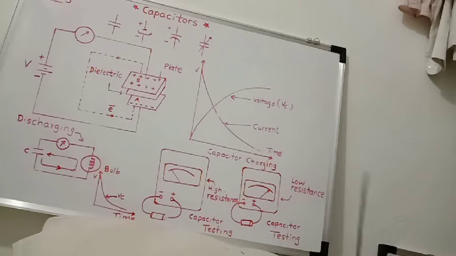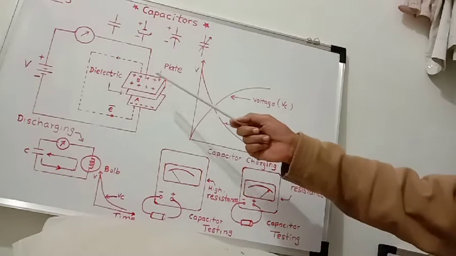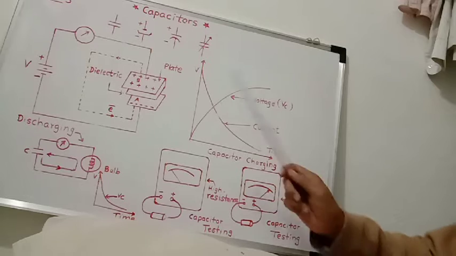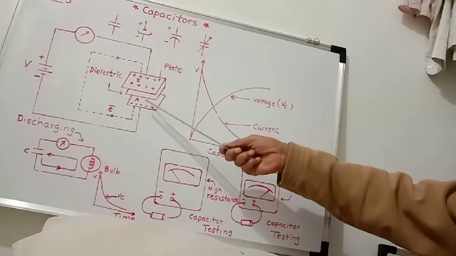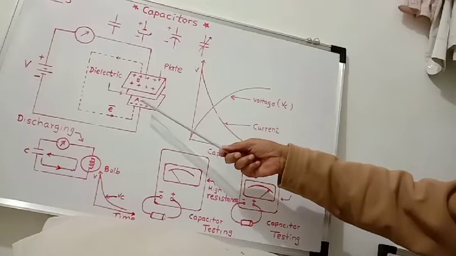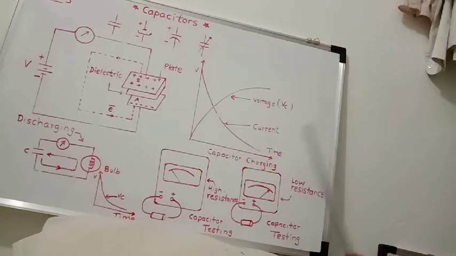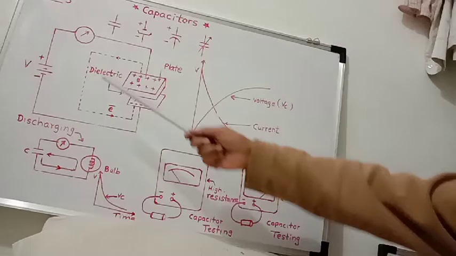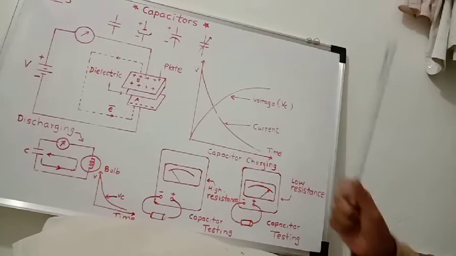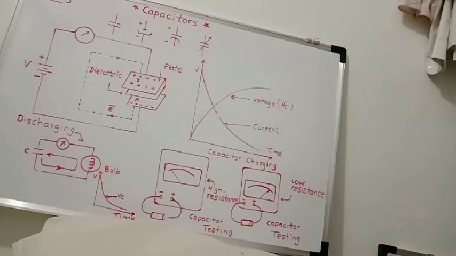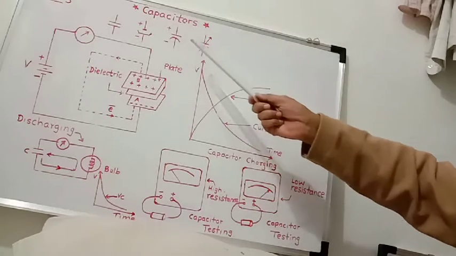Basically a capacitor consists of two parallel conducting surfaces or two parallel plates which are insulated by some dielectric material or insulating material. This is the basic construction of a capacitor. So these are the symbols of capacitors.